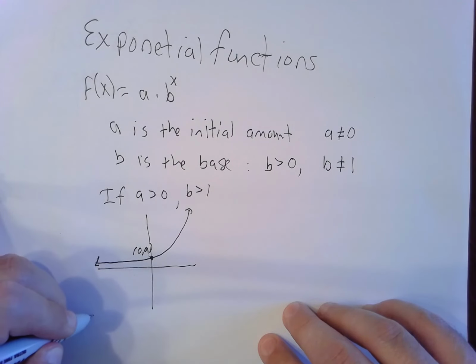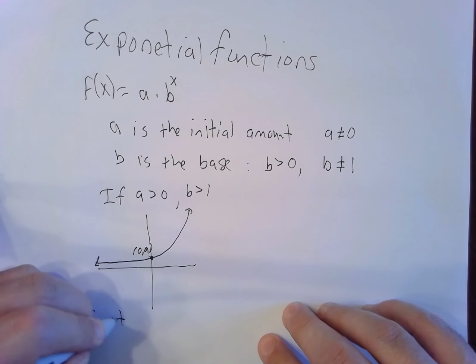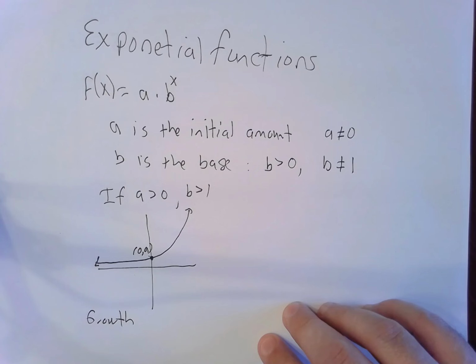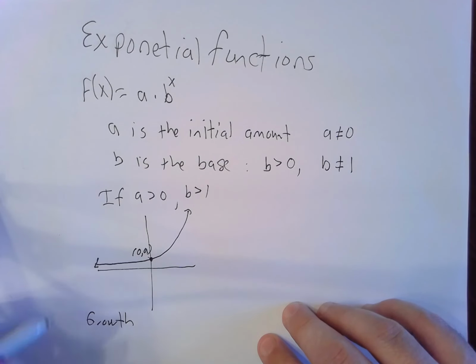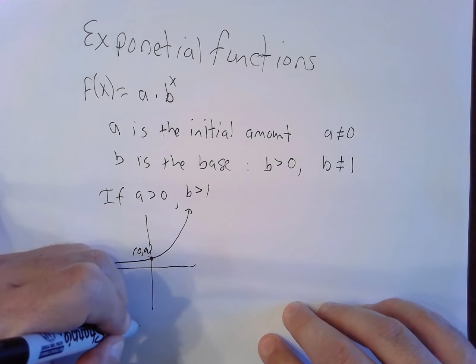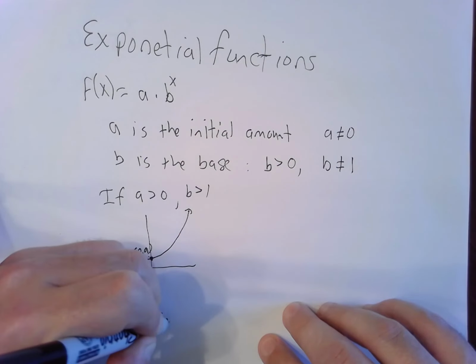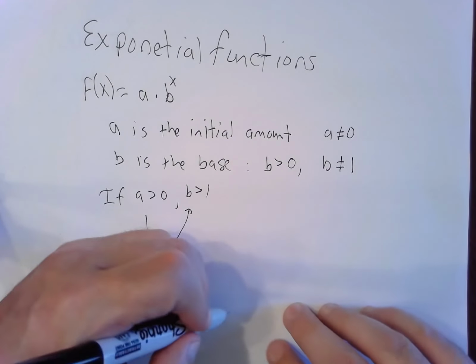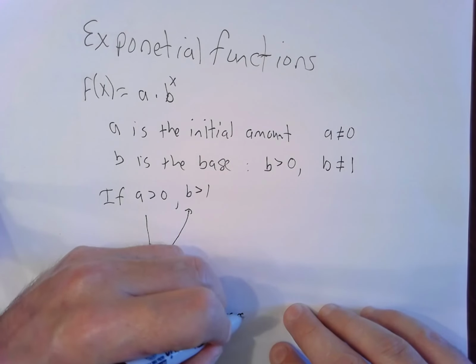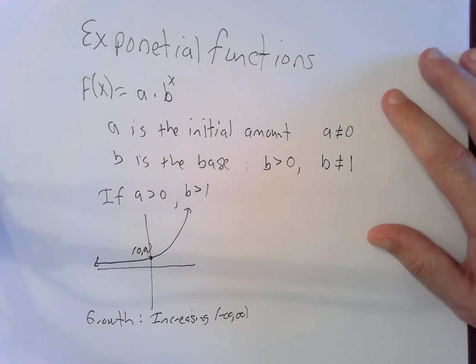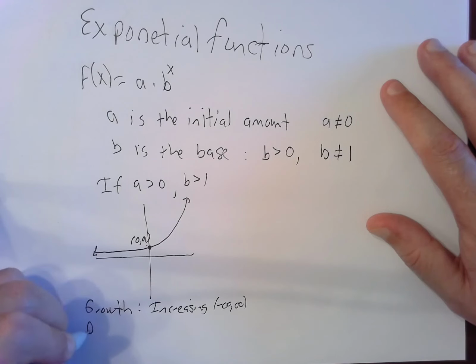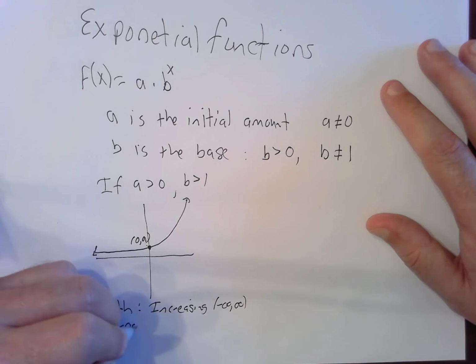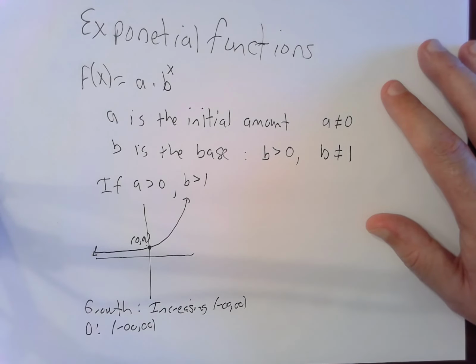We call this exponential growth, because it's growing. It's an increasing function, and it's increasing for all x values, negative infinity to infinity. Our domain is all real numbers, negative infinity to infinity.